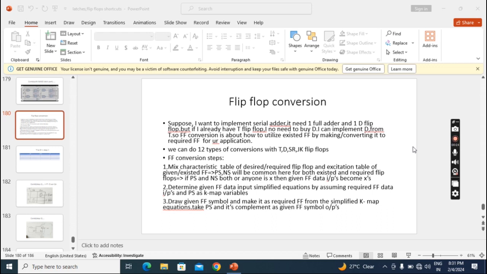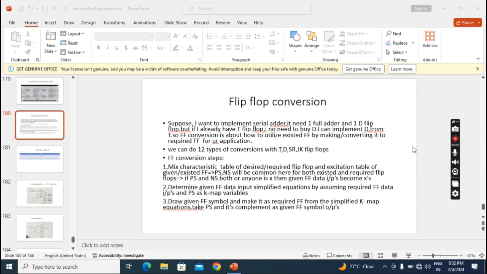Suppose I want to design a serial adder. I want one full adder and one D flip-flop. I have a full adder but I don't have a D flip-flop, I have a T flip-flop. So in this case, what are the options? I have to go and buy a D flip-flop. That is one option.